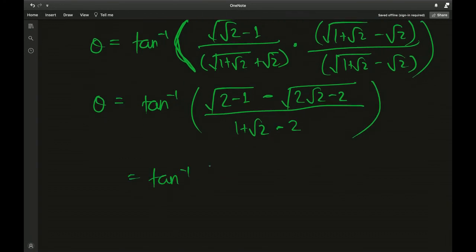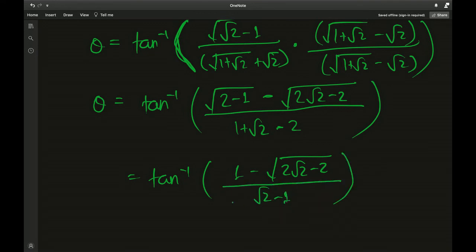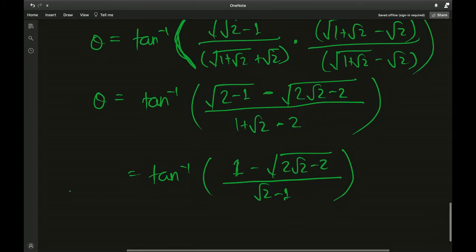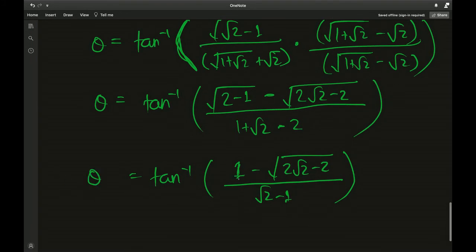So that's the inverse tangent of 1 minus square root of (2 root 2 minus 2), divided by root 2 minus 1. That's our theta, inverse tangent of this crazy guy.